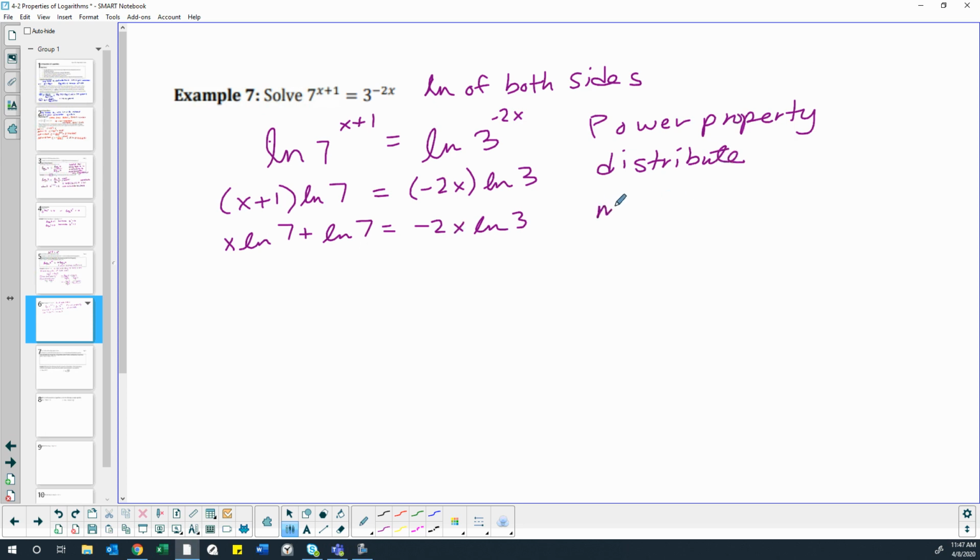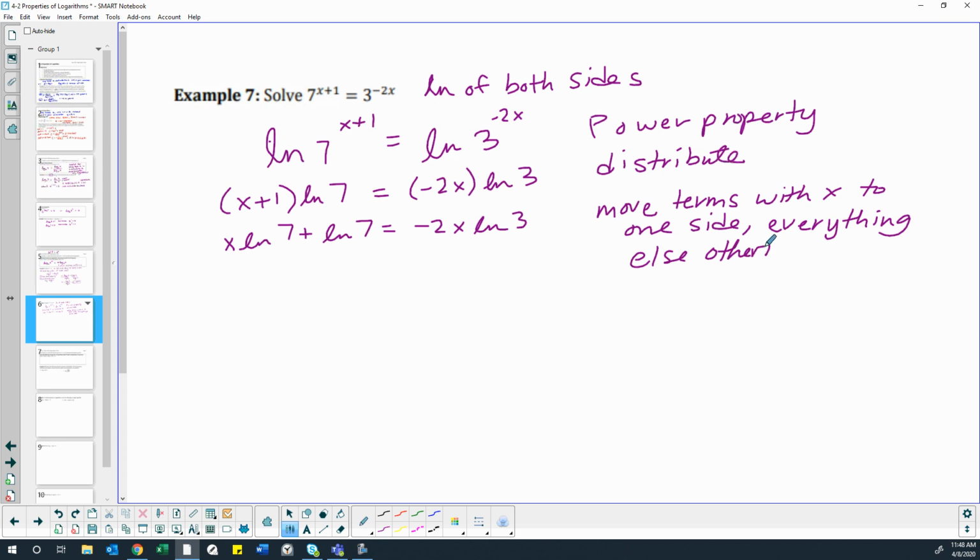Okay, so we need to move x terms to one side, and then everything else to the other side. Okay, so this has an x in it, this has an x in it, that does not have an x in it.